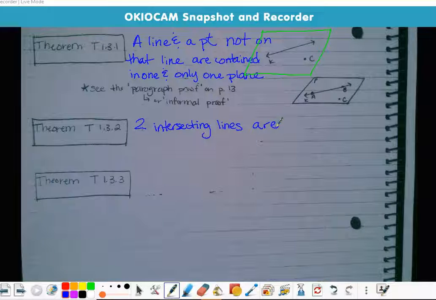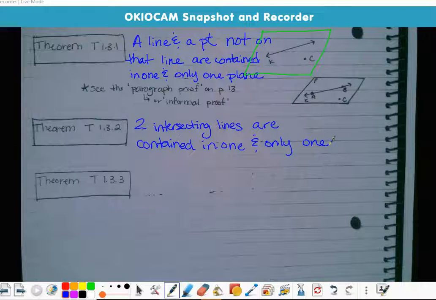Two intersecting lines are contained in one and only one plane. All right, I am so sorry to keep you. Let me get this last definition in there.